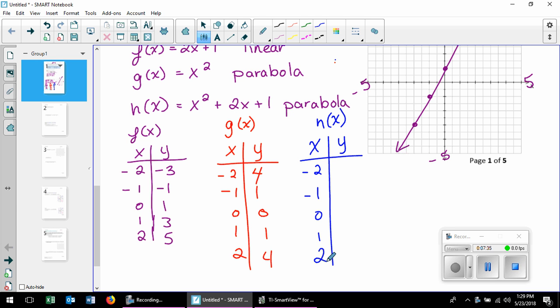So -2 in here is going to be a +4, -4, 1, so this will be 1. 0. 1 will be 4, and 2 will be... I screwed that up. So 1 plus 1 plus 2 is 4. 4 and 4 and 1, 5.